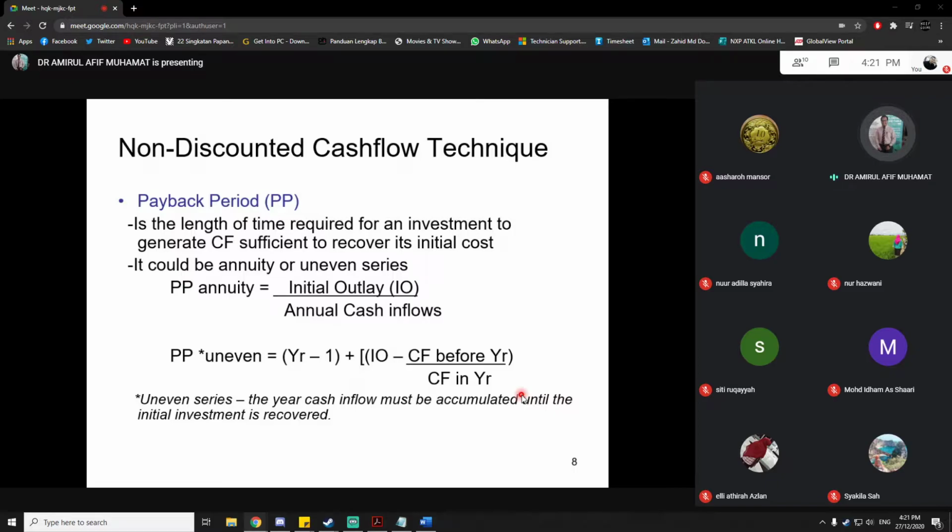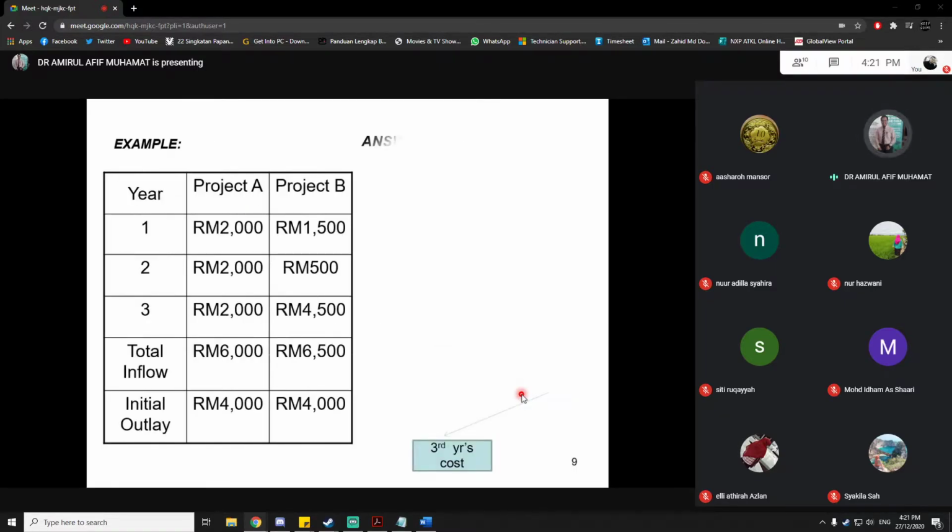So if you have two projects, you will choose the project that gives the shorter payback period. Shorter payback period here means the company will be able to cover the cost in a shorter period of time.